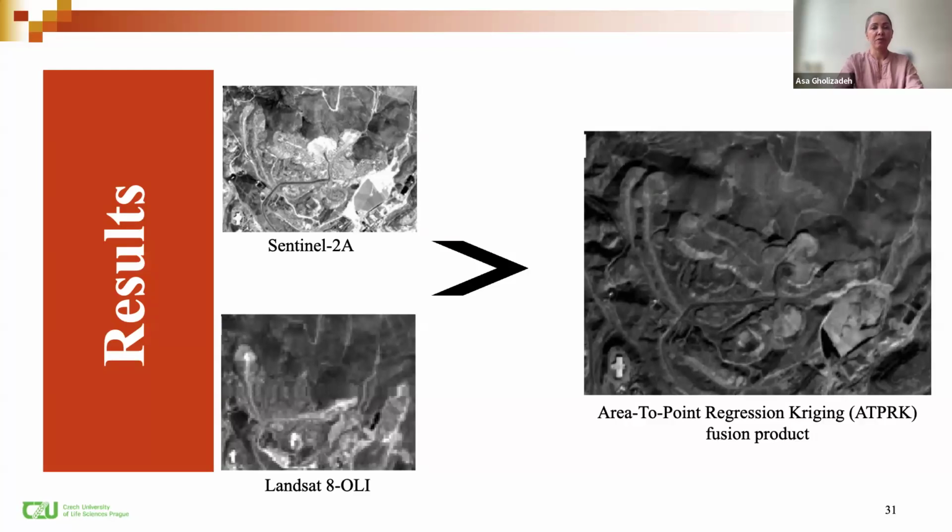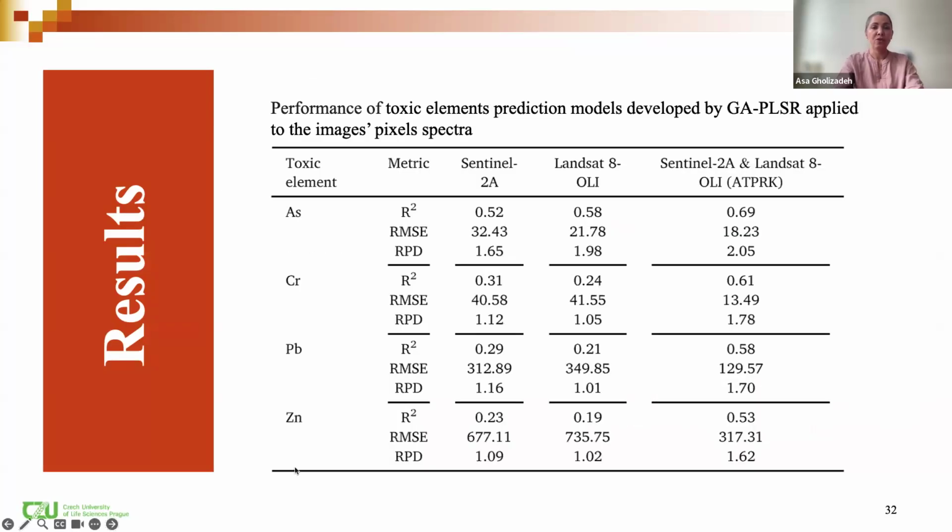And due to the selection of greater importance wavelength, the toxic elements estimation was better when we use the GA, genetic algorithm on PLSR. Here you can see the performance of these models using Sentinel and Landsat data individually, and then combined and integrated the image.